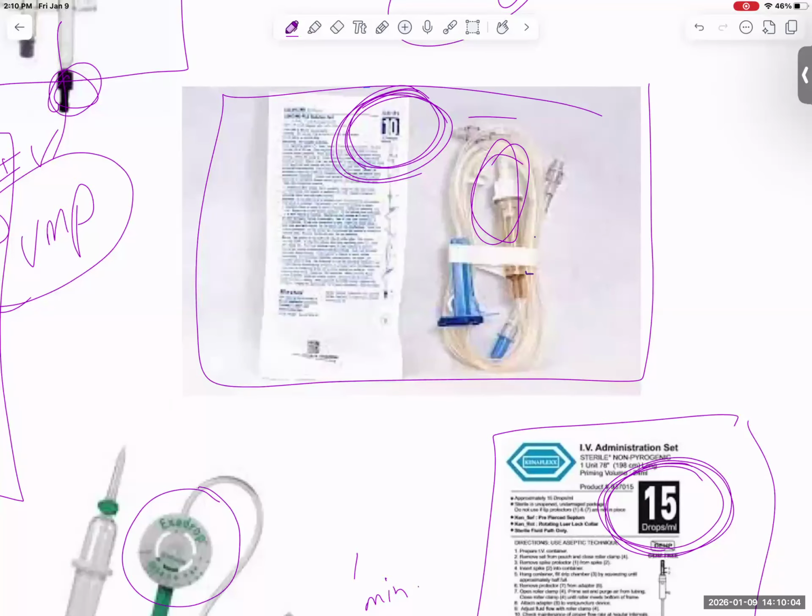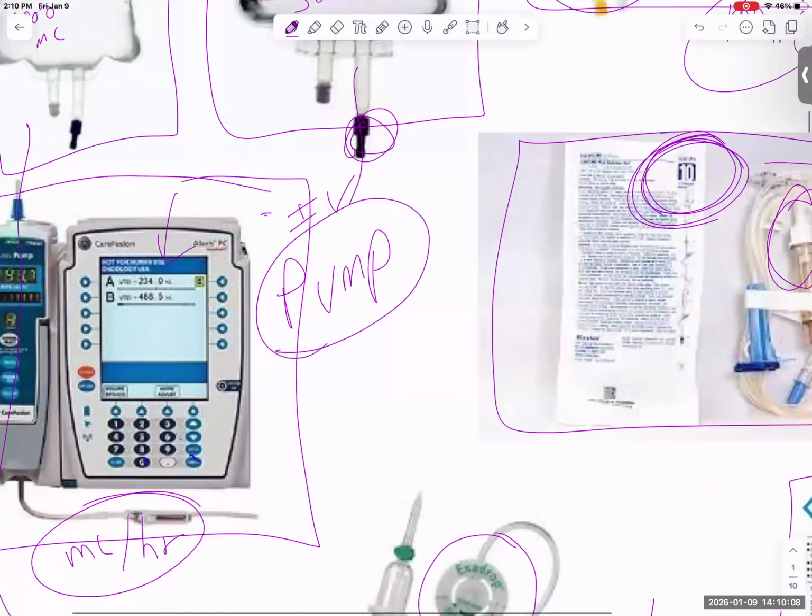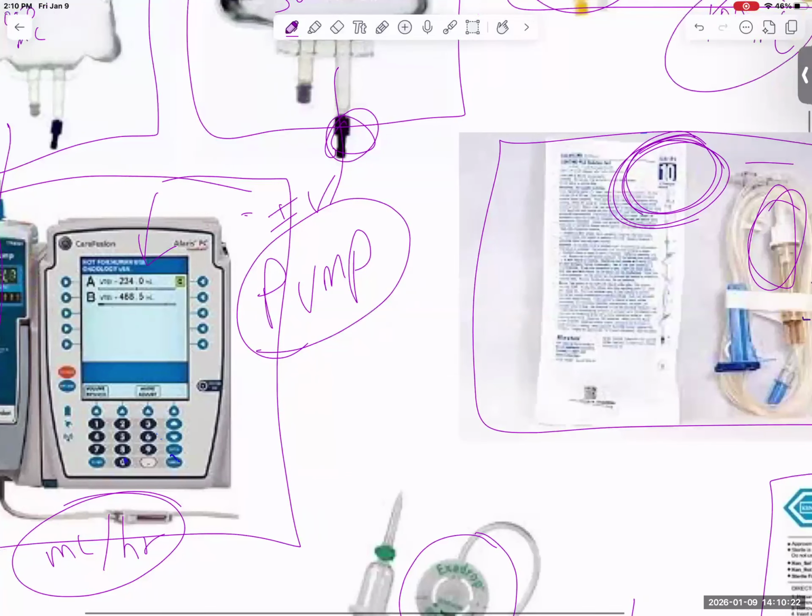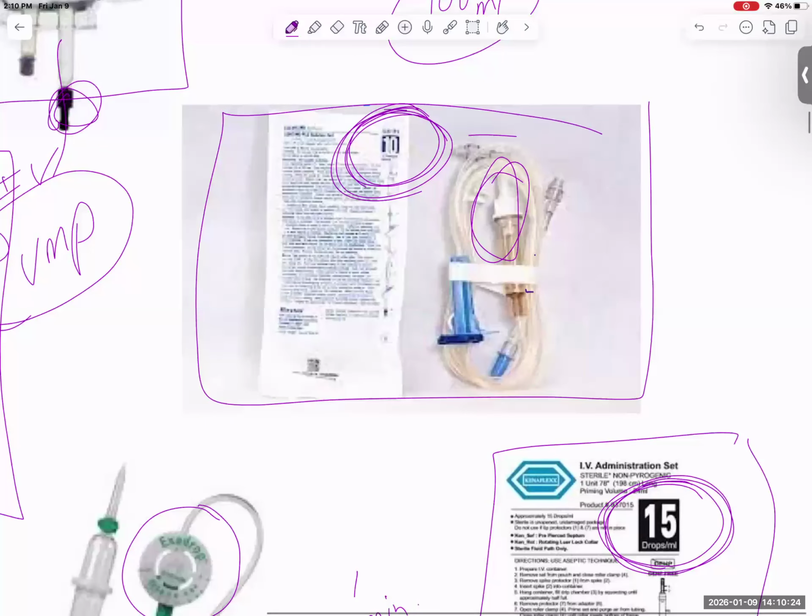Yeah, this tells you, so these are made to work through an IV pump, but guess what? Computers fail, pumps fail. So what if you were working in a hospital and the entire drug library and the pump system stopped working, and you had to switch from a pump to gravity? You would need to know this information on the IV pump set.